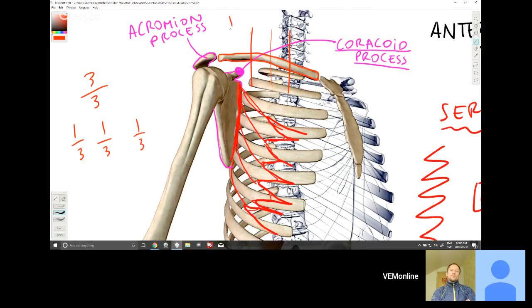Obviously, this third here is going to be the lateral 1/3 of the clavicle. This third here is going to be the medial 1/3, because it's closer to the center. And this 1/3 here is going to be the middle 1/3. Don't confuse this with medial. Middle and medial are not the same.